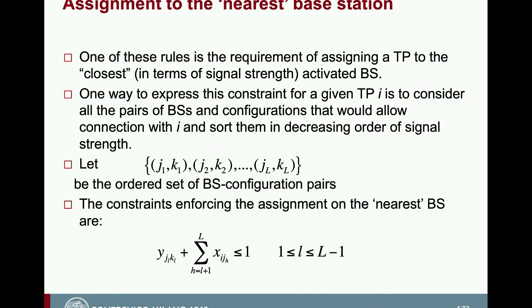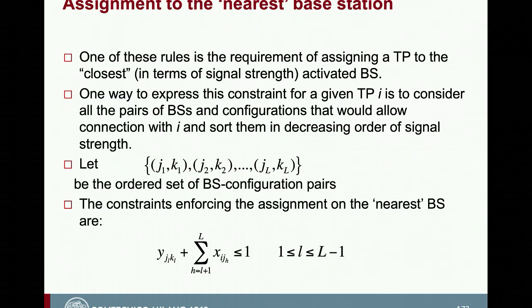For each test point, we have a ranking of the base stations, received from the highest to the lowest signal strength. This is done on the candidate sites, and this ranking is given by this vector here, where we have the candidate site and also the configuration, which has an impact on the signal strength. When we define this vector, we don't know which base stations will actually be installed by the decision model, right?